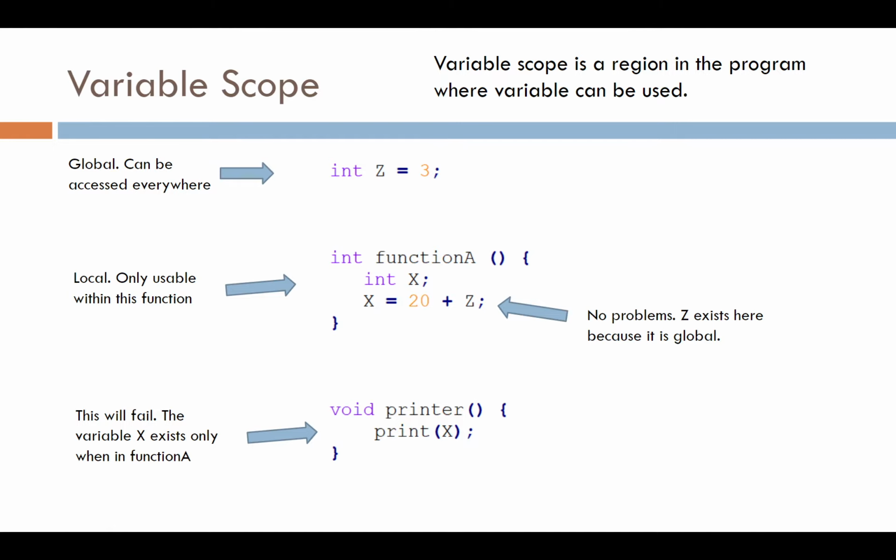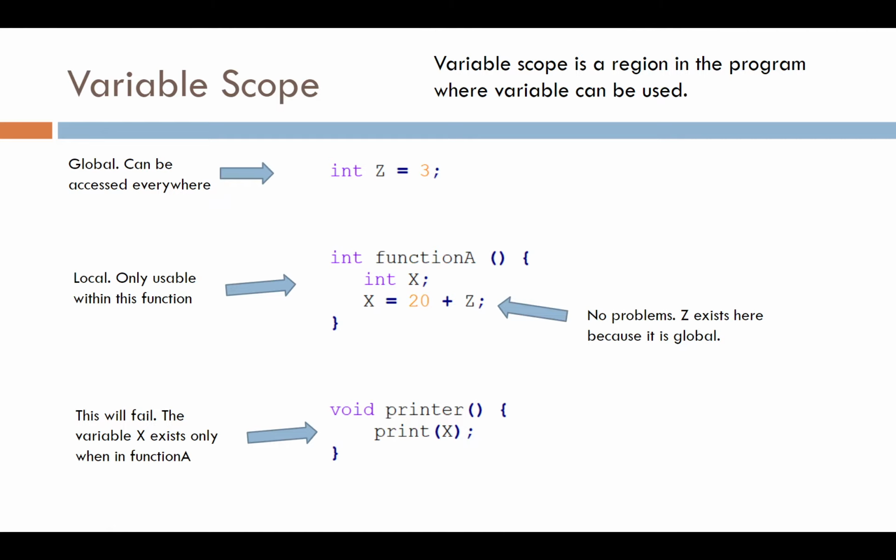In that case that z variable shows up also in function A. However, there's also on the function A an internal variable which is a local variable, which works only within that function, especially within those parentheses there.